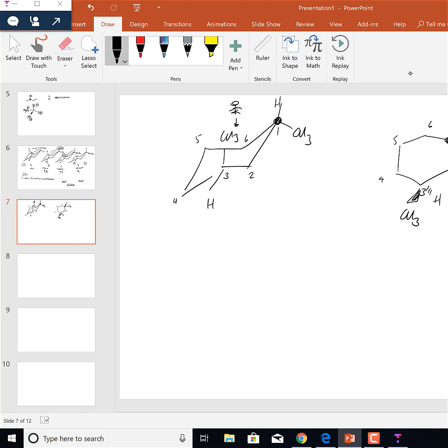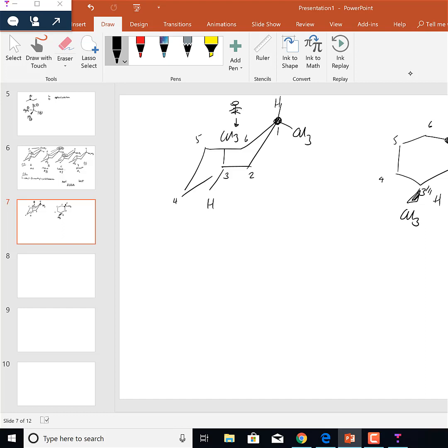So let me just say axial and equatorial are different than cis or trans. Cis or trans you're going to get from whether the groups are both above, both below, or one of each, in terms of above or below the plane of the ring.